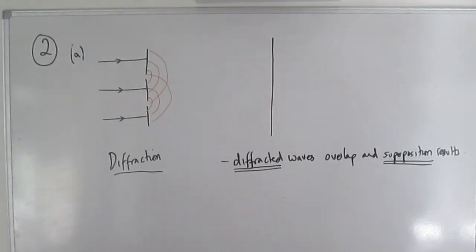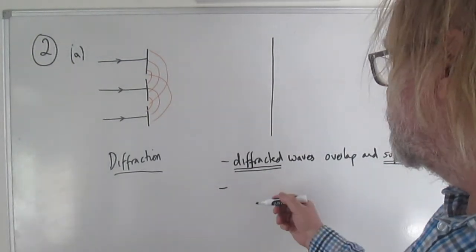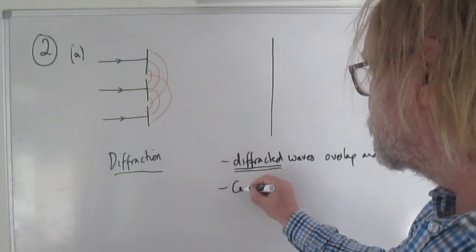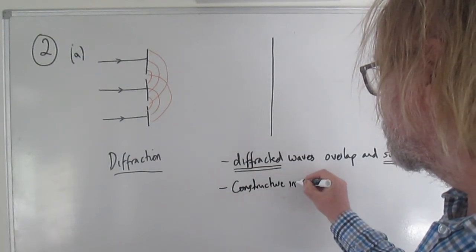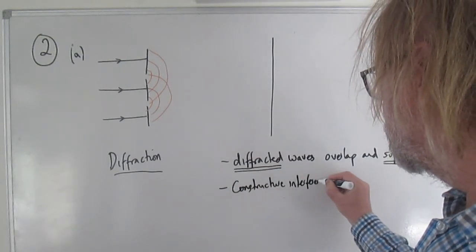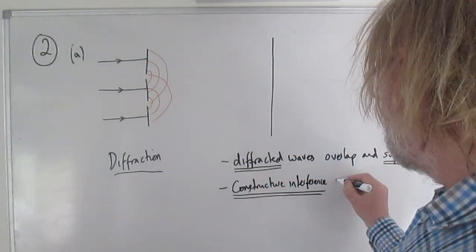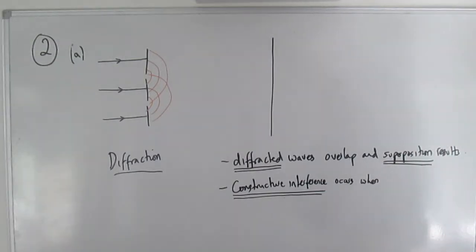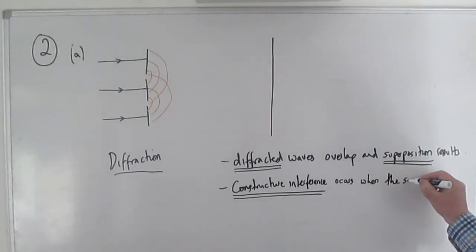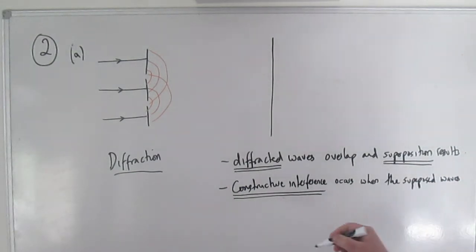So what do you need to say? So you need to explain that constructive interference occurs when the superposed waves are in phase.